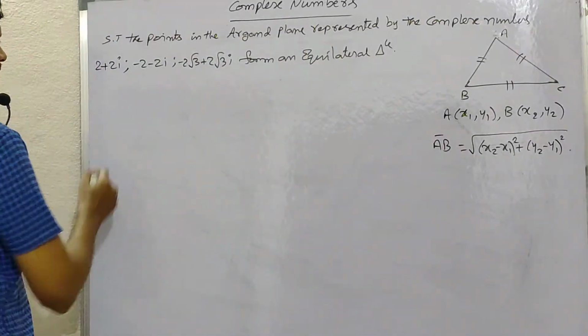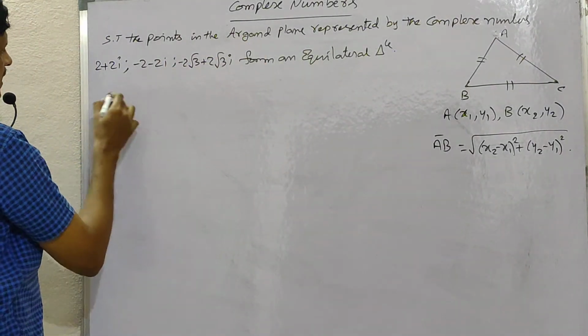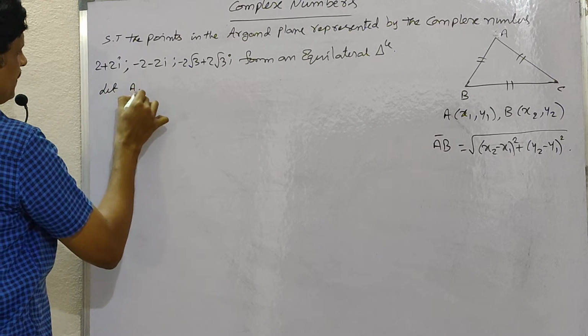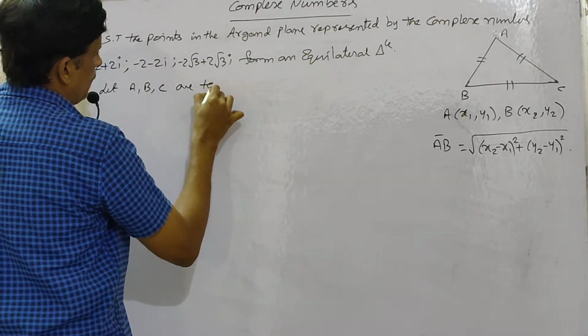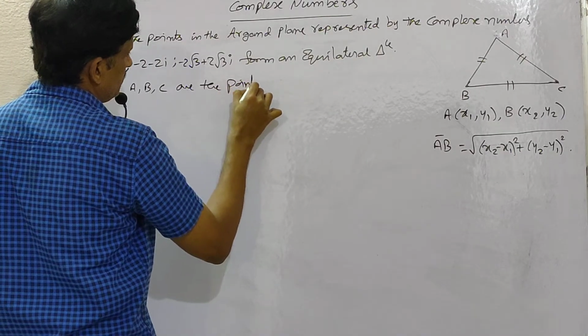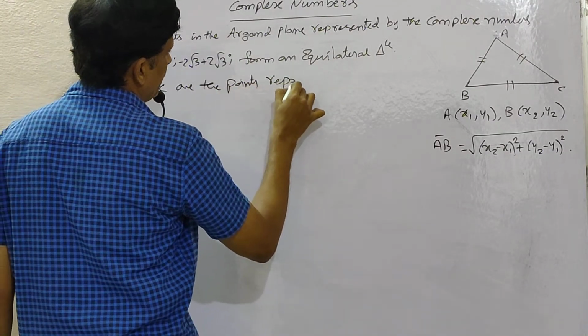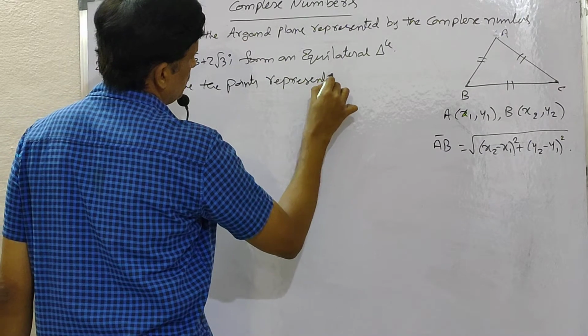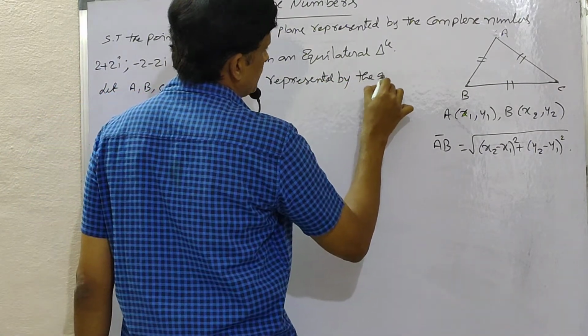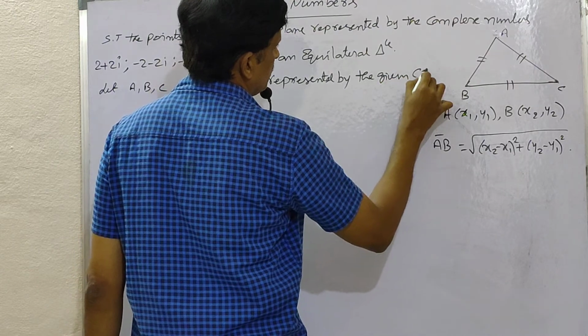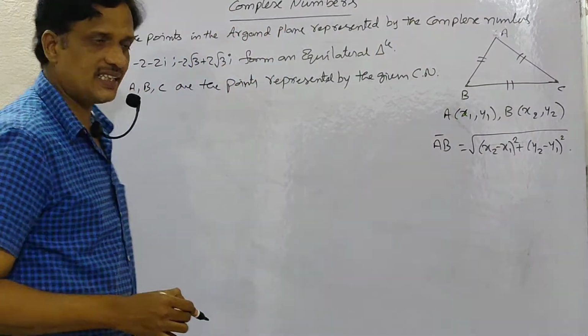Now, similar to the last one, let A, B, C be the points represented by the given complex numbers. Then first write the 3 points.